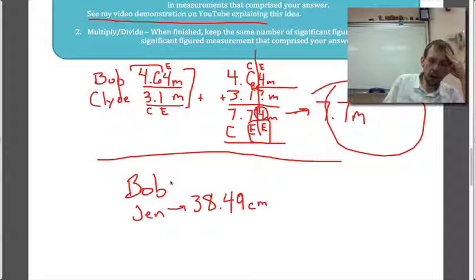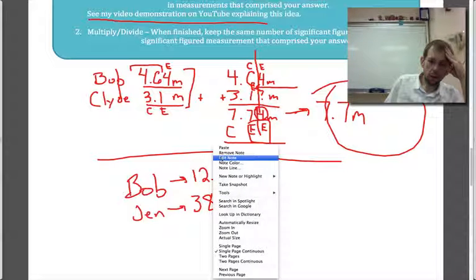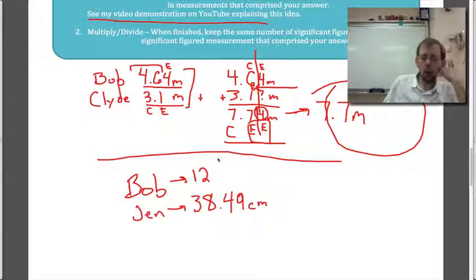Okay, Bob is not good at all. Bob only figured out he brought a measuring device that only told him the length of the table to be 12 centimeters. Okay. So you want surface area.